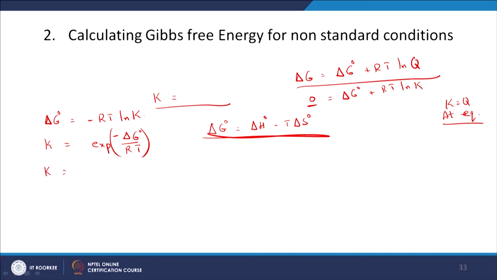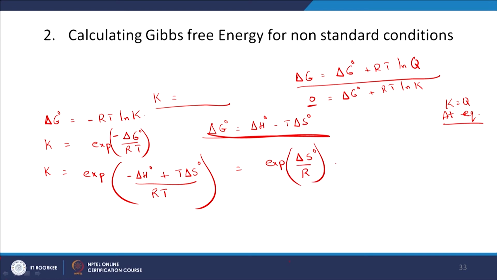So the K equilibrium coefficient is equal to exponential of minus delta H naught plus T delta S naught by RT, and that would be equal to exponential of delta S naught by R into exponential of minus delta H naught by RT. So this is an equation that we have here, right? So let us keep this in mind here.